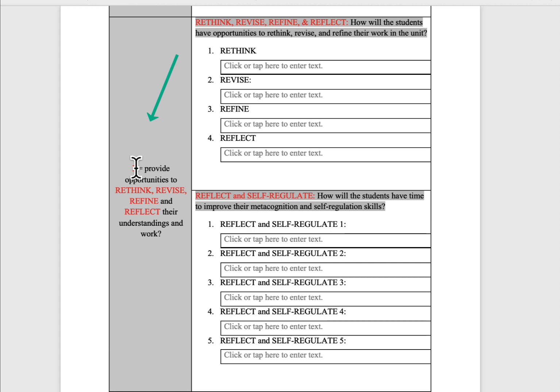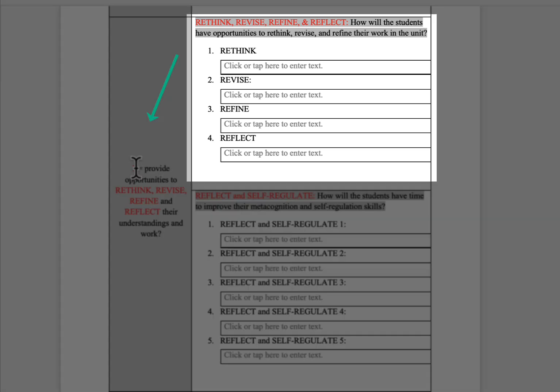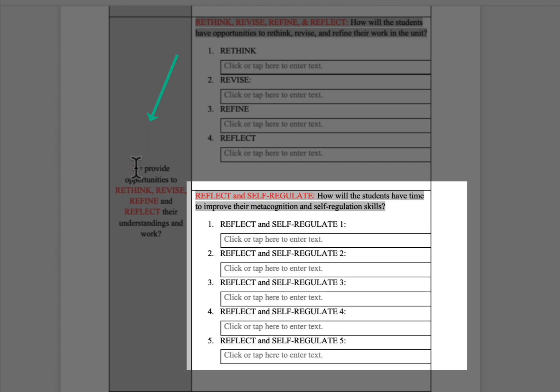When completing this template, you will provide opportunities to rethink, revise, refine, and reflect students' understanding along with their work. It will talk about how students will have these opportunities to reflect during the unit, and you will ask yourself how students will be able to improve their self-regulation skills.